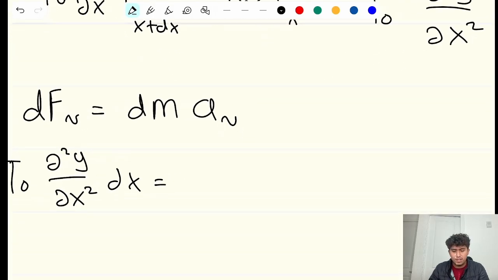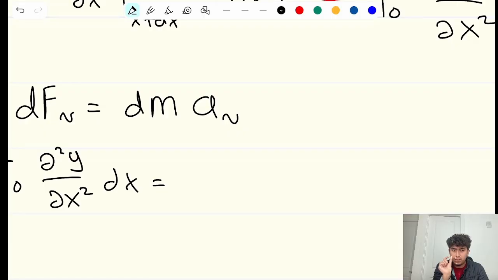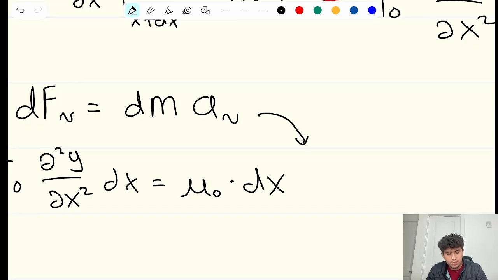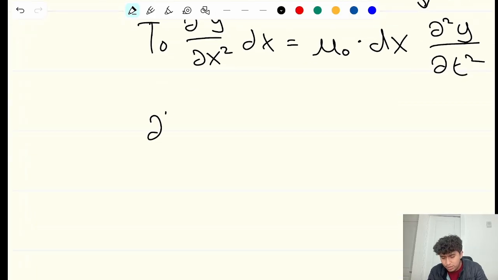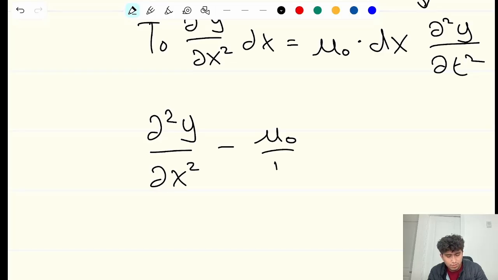And the right hand side is the mass of a small piece of the string, which is the linear density of the string multiplied by this small piece, and the acceleration is just going to be the second partial derivative with respect to time. And essentially, what we just found, if we rearrange the terms, is the wave equation for the string.